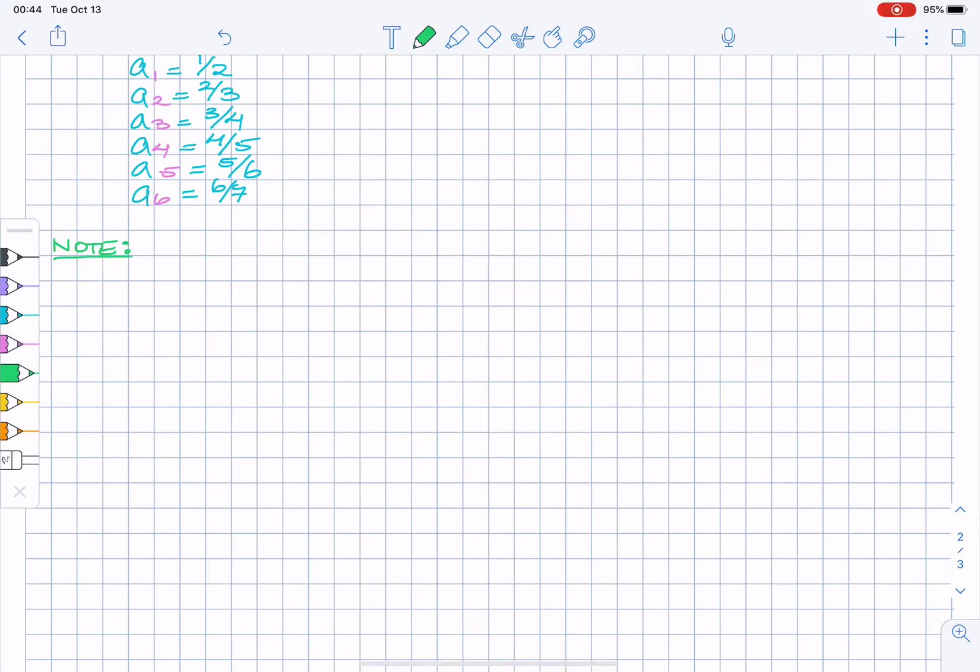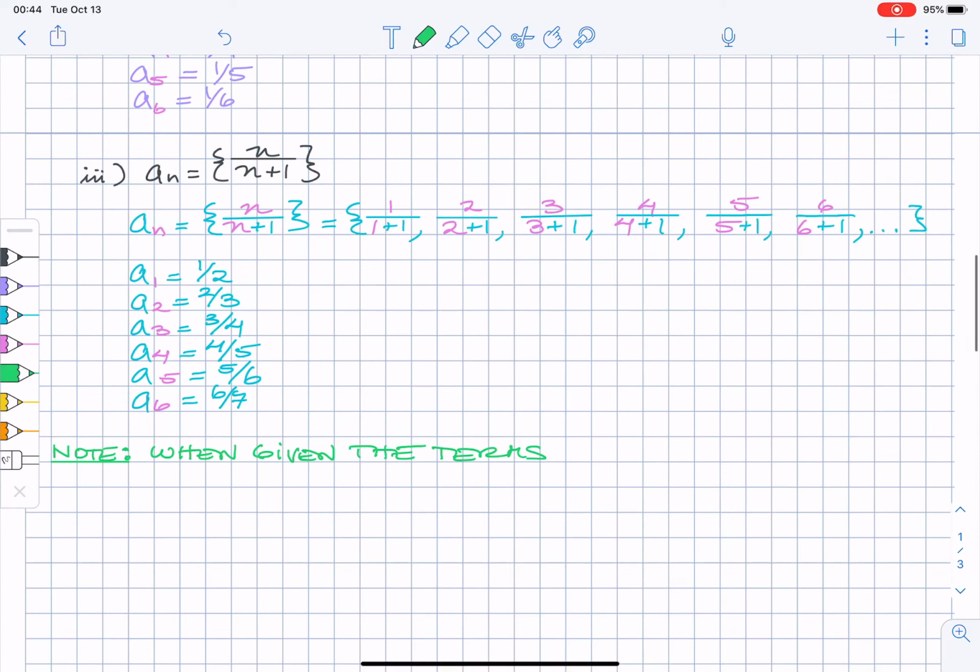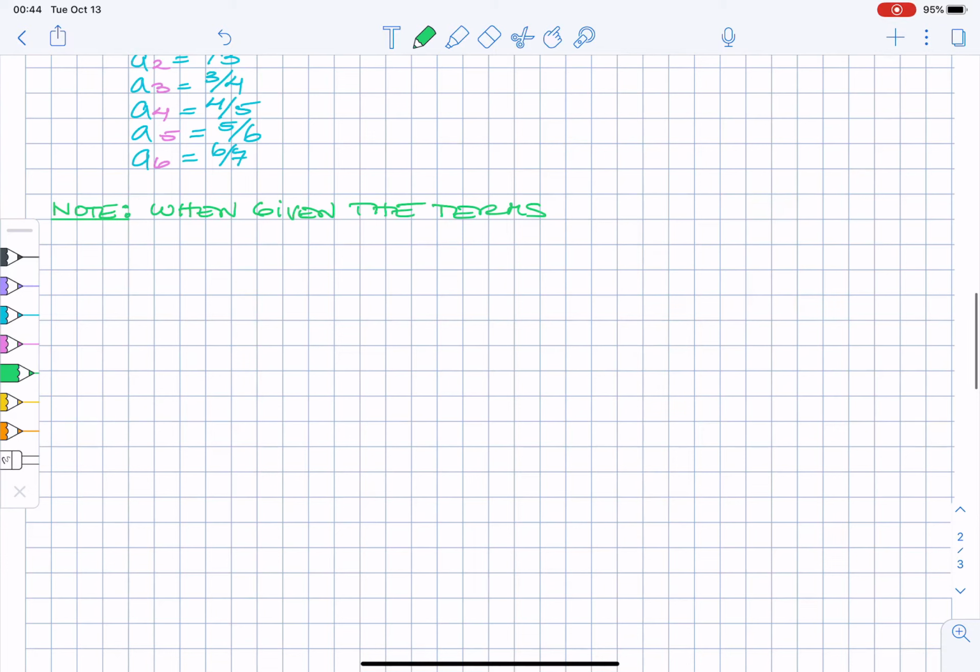Okay. So note: when given the terms of a sequence, and by that I mean these guys and not the function itself, we want to find the function, right?